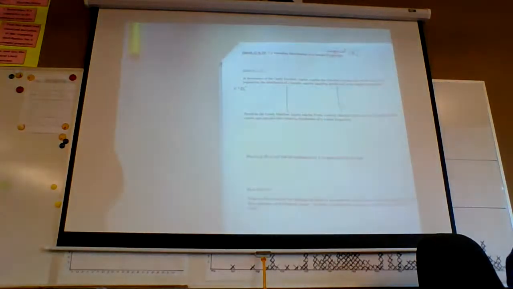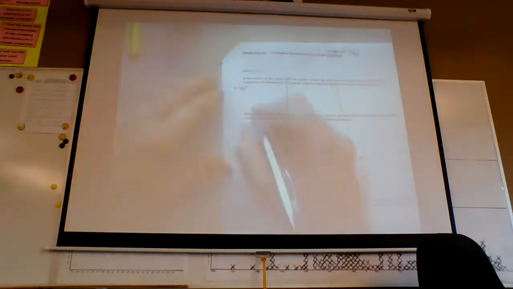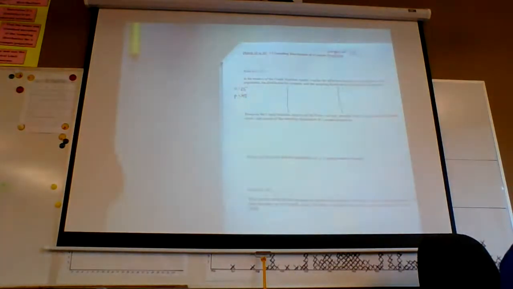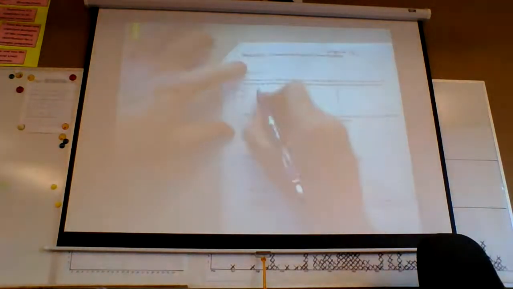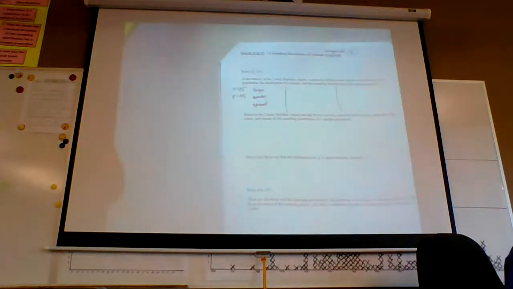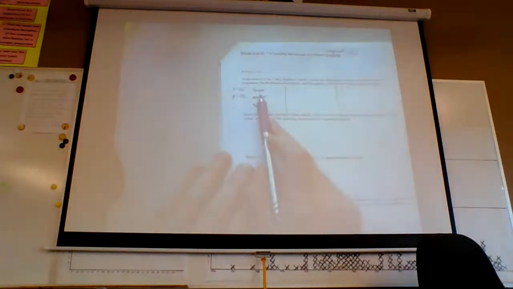So right over here we had N was 25. That was our sample size. We had the true proportion of orange Reese's Pieces at 0.45. And we're going to write down the shape, the center, and the spread. Shape, center, spread. Well, what shape did it look like when I graphed all these?